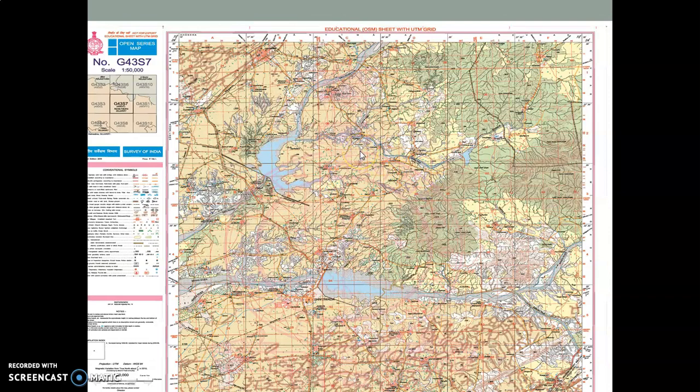Next you will see these are the new maps. Earlier, if you see in your book, you will find at the top of the map the sheet numbers 45D by 7 and 45D by 10.